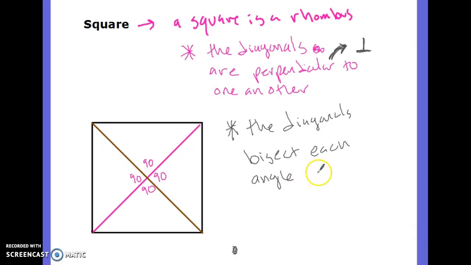And by angle, I mean the interior angles. So again, I'll illustrate what that means with our diagram to the left.